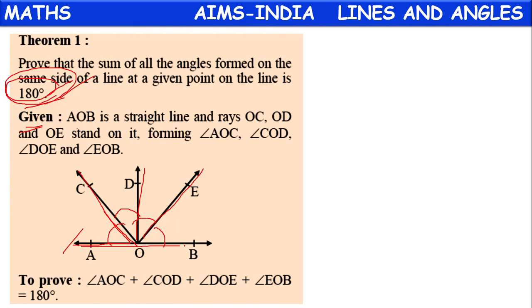So three rays are standing on a straight line, which form four angles. All four angles on the upper part of the line are on the same side of the line. Then we have to prove that angle AOC, COD, DOE, EOB, their total sum equals 180 degrees, because all of them are located on the same side of the line.